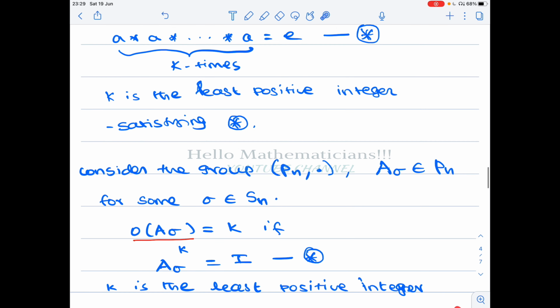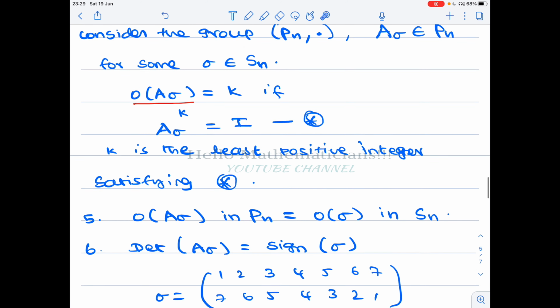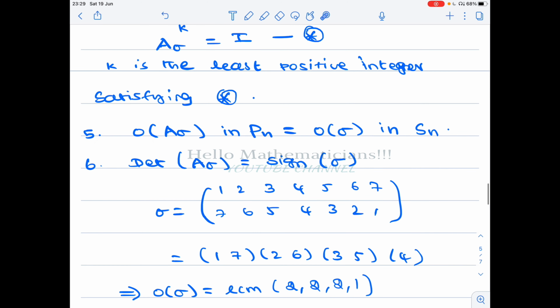If it is a group isomorphism, these two groups are isomorphic, and the order of this element should be equal to the order of this element. So we get that the order of the matrix A sigma in the group Pn with matrix multiplication is equal to the order of the permutation sigma in Sn.